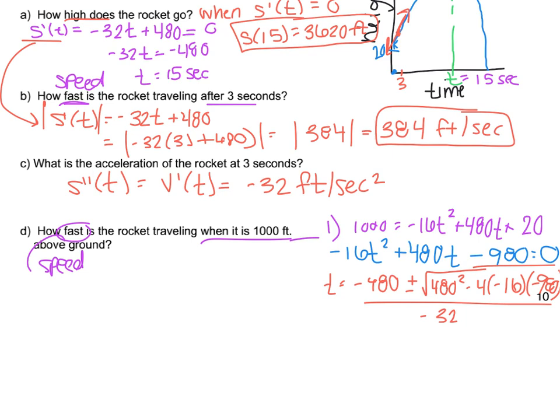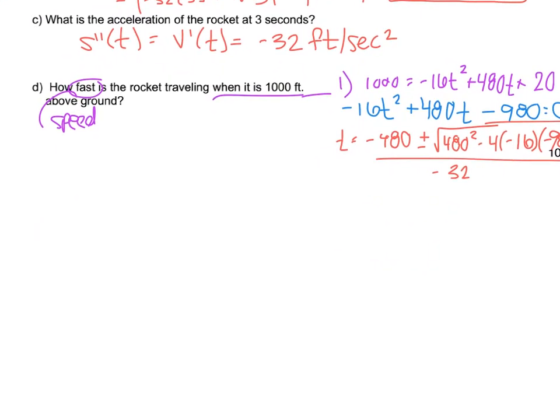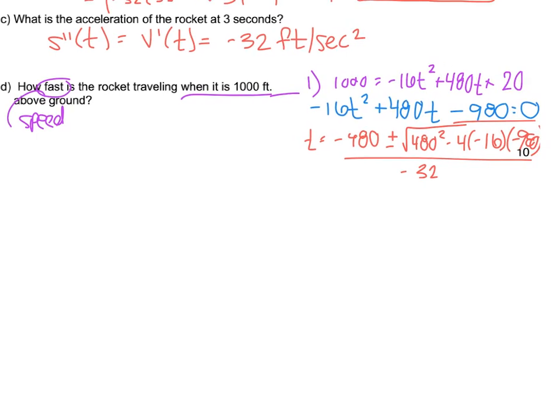So big computations here on the calculator. I would do the inside of that square root first. Okay. So that's going to end up being negative 480 plus or minus, when I plug the whole square root in, square 480, subtract 4 times negative 16 times negative 980, that's going to end up being a positive.